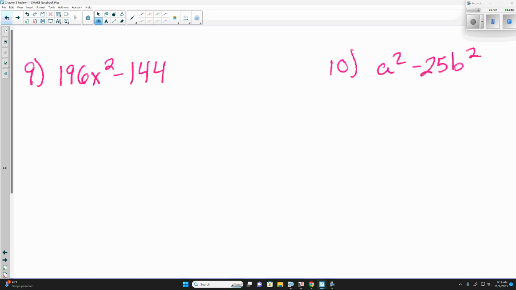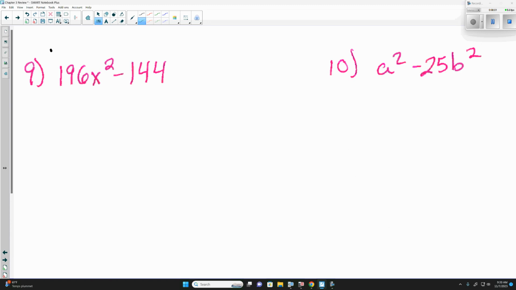Let's take a step back and let's look at these here. Let's look at number 9. 196x squared minus 144. Well, we just encountered 196, yes? And we know that it is a perfect square because if we can factor this, this has to be set up as a difference of perfect squares.